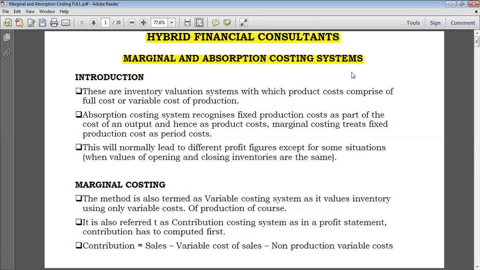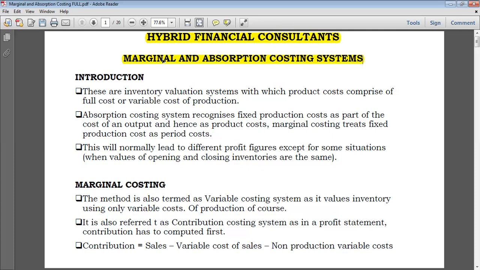What we are asking ourselves is, should that inventory contain both fixed and variable cost of production, or merely variable costs? Marginal and absorption costing systems answer that question. When speaking of marginal costing, we value inventory using variable production costs only.